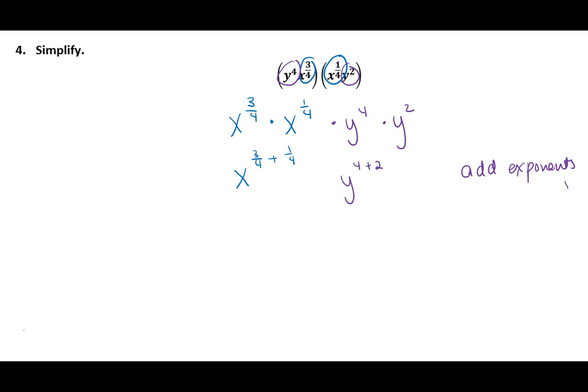So you need to know how to add exponents. This is x to the 4 over 4 and y to the 6. 4 over 4 is the same thing as x to the first power, y to the 6. Okay, I will accept this as your answer as long as it's step by step.